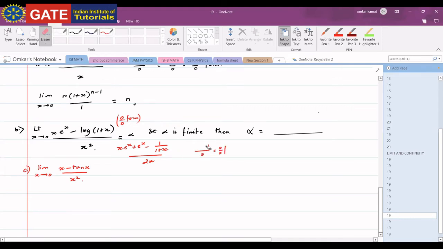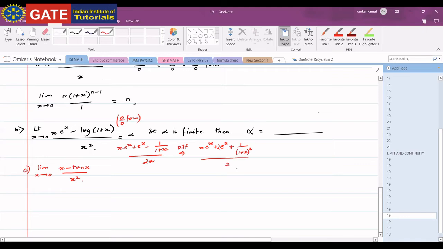So again you differentiate this term, that will be x e to the power x plus e to the power x, 2 e to the power x plus 1 by 1 plus x whole square, divided by 2.